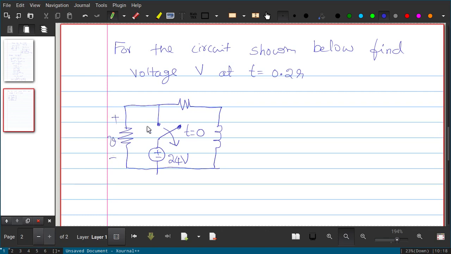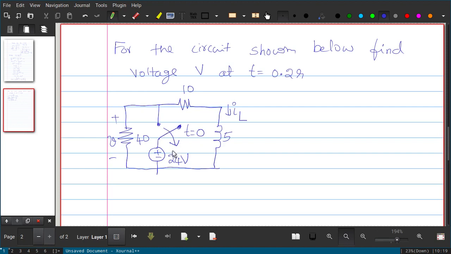This resistance value is 40, this resistance value is 10, and this is 5, and the current passing is IL. So in this circuit, there is a switch; at t equal to 0, this switch will be opened.